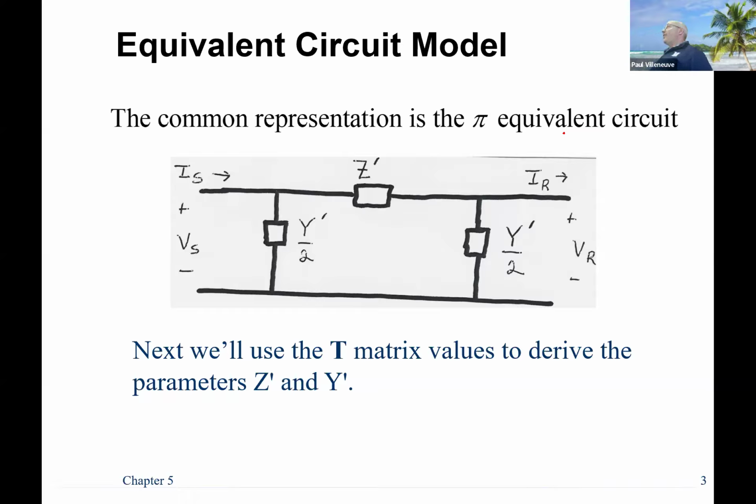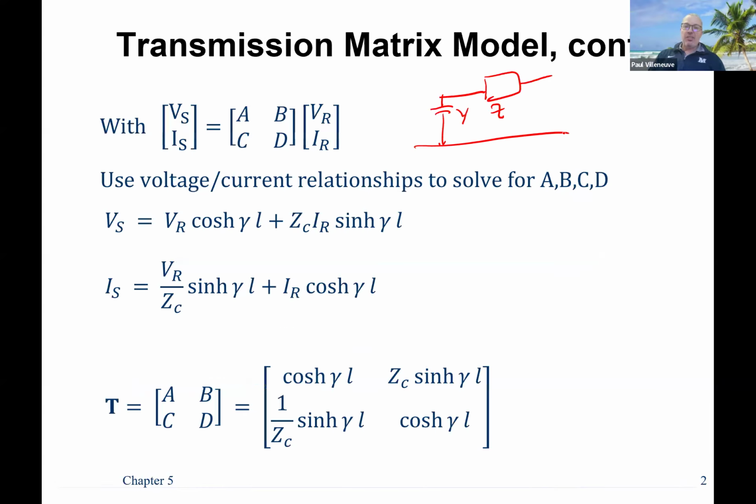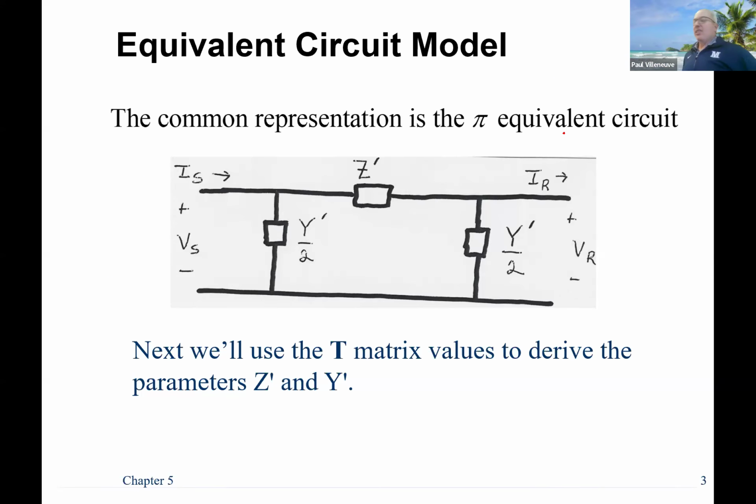Now, the problem with that, though, is that it does not match the original T equivalent that we have here, right? You can see that Y is to the left, or on the sending end, of the transmission line representation, where here it's on both sides. So what we need to do is make the two circuits equivalent so that whatever we have at the sending end is going to match the results, whether using the T equivalent or the pi equivalent.